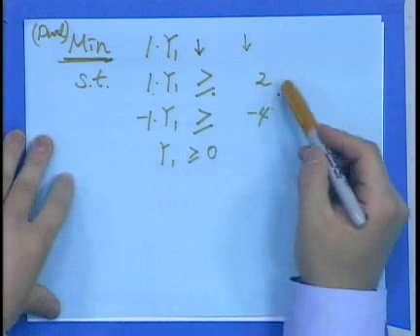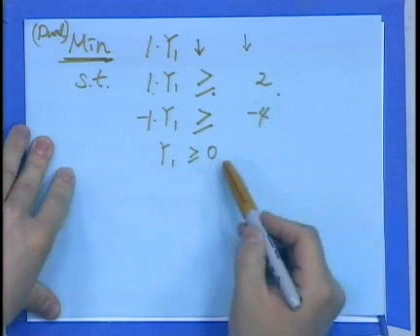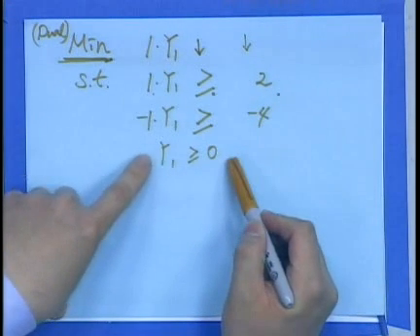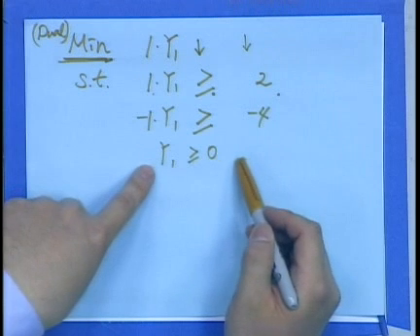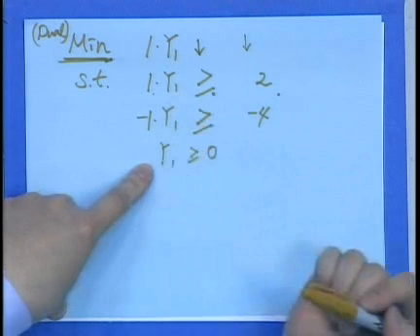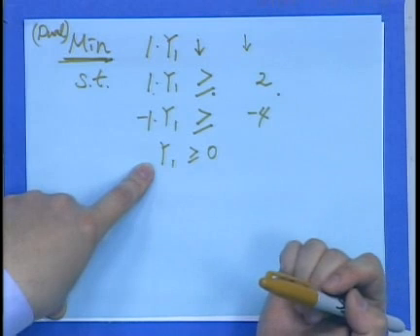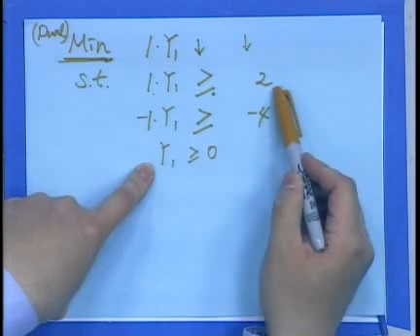And from the dual constraints with the non-negativity restriction, we know that the lower bound of y1 is 2. Is that right?